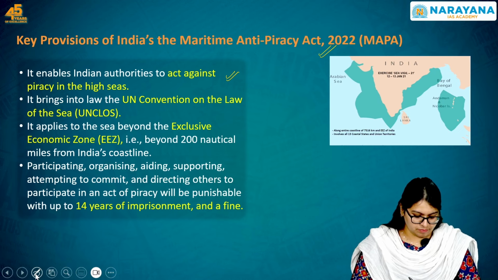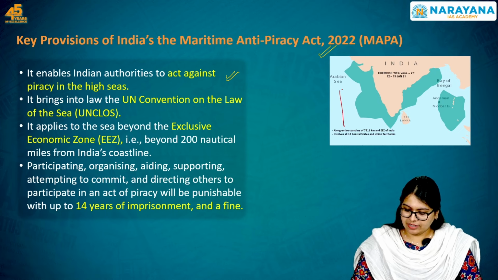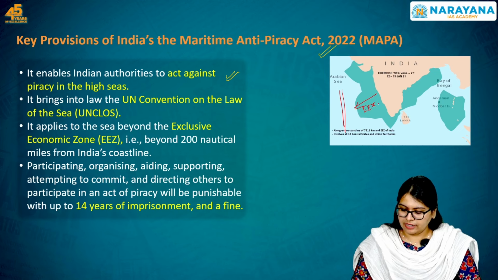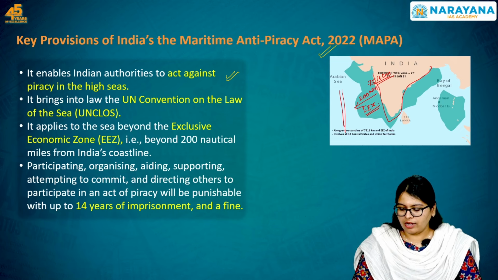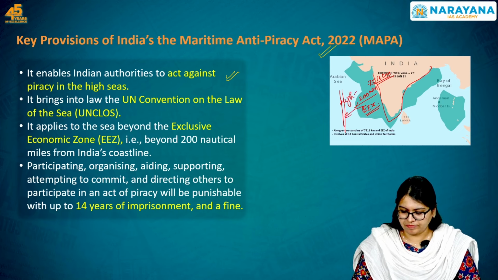So if you see this particular map, the high seas is the region beyond the EEZ of India, which is along the 7,516 kilometers of coastline of India. So this includes all the 13 coastal states as well as union territories, and this extends to around 200 nautical miles. So this is the exclusive economic zone, beyond which we have the high seas.